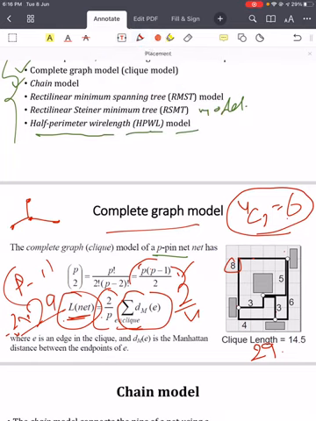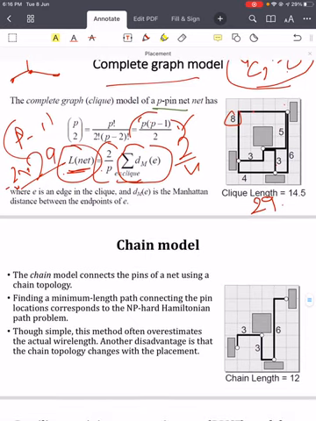Now there can be another method, that is called the chain model. In the chain model, this is an alternative model where you connect all the pins of a net using a chain topology, and your task would be to find a chain with minimum length. So here is an example.